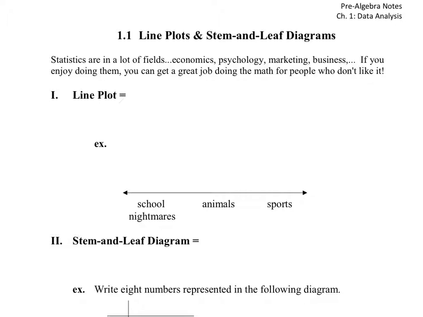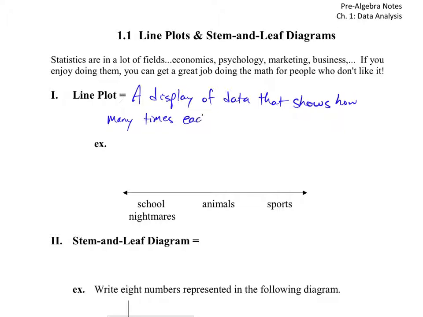Before I do that, I probably should actually define what a line plot is. A line plot is a display of data that shows how many times each data value occurs.